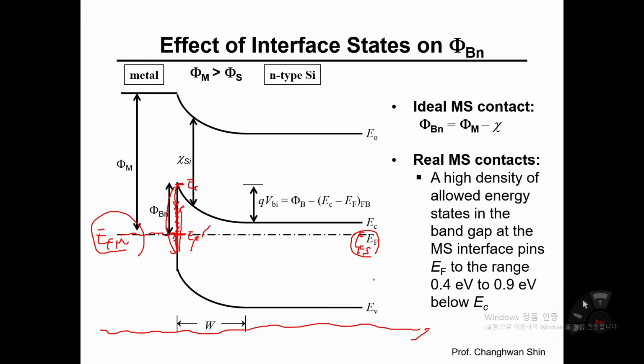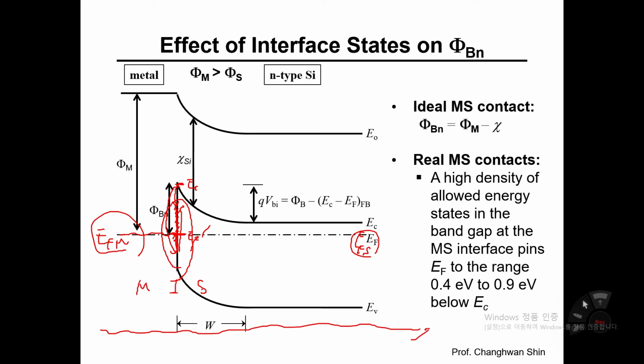But the problem is the interface states are still there, still exist. So more technically speaking, instead of saying MS contact, now we are saying metal-interface-semiconductor. So three different things are combined together as a single system.